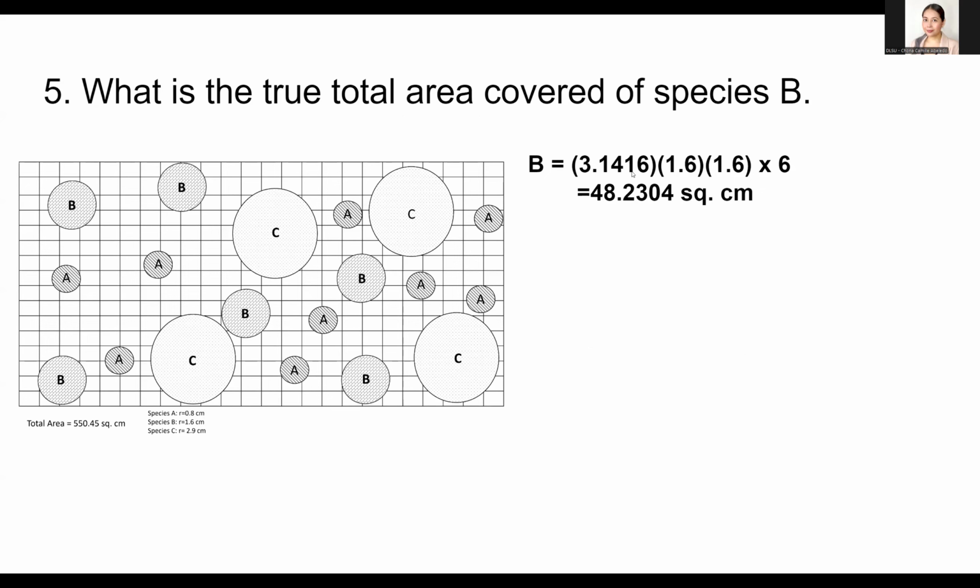So 3.1416 times 1.6 times 1.6 times 6, because let's count the individuals of species B. 1, 2, 3, 4, 5, 6. That's why it'll give you a value of 48.2304 square centimeters or 48.2 or 48 square centimeters.